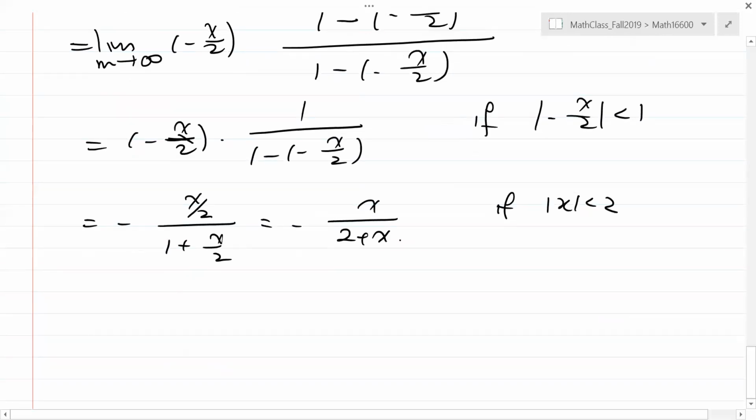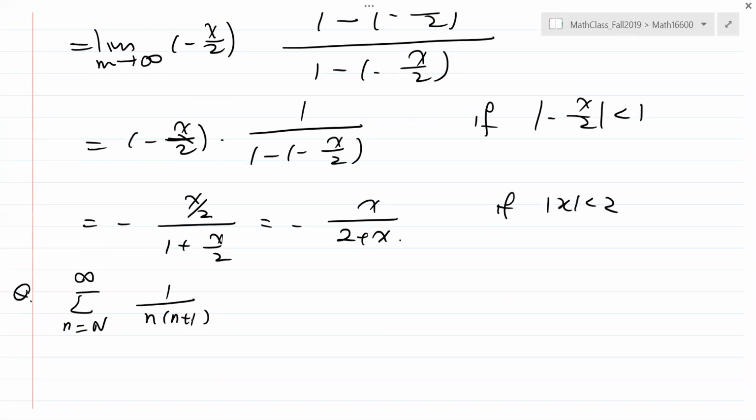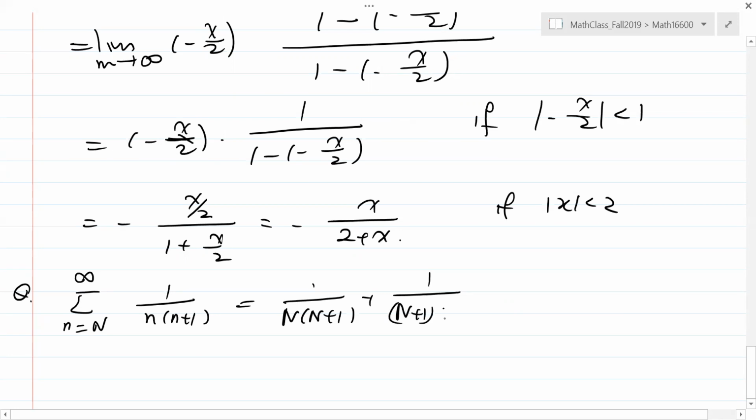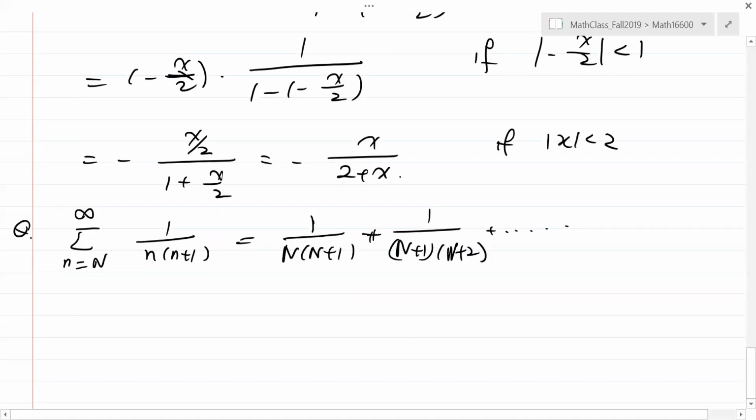Now let's look at other problems. Consider this series: n starts from capital N, of 1 over n times n plus 1. Capital N could be any number, 3, 4, 5. When you write down the details, you begin with this number and have infinitely many terms.